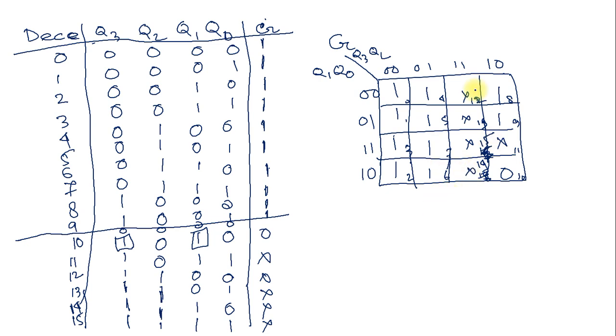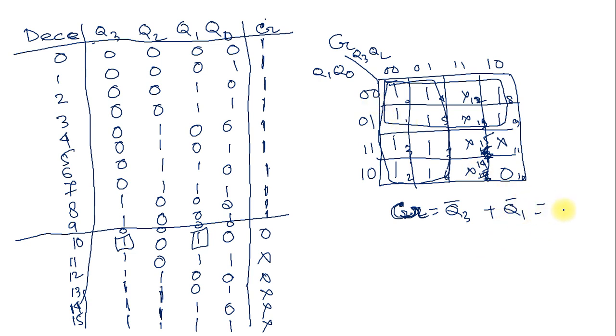So now we can group this. This one is one group. We can make this one. And considering the don't care condition, we can make another group. So from this, we can write clear equals Q3 complement plus Q1 complement.